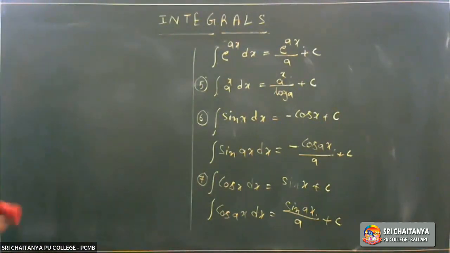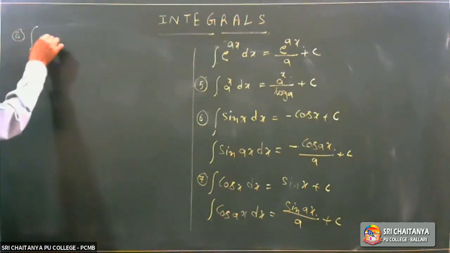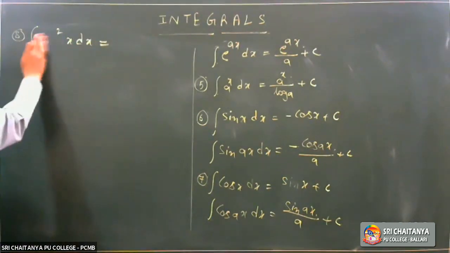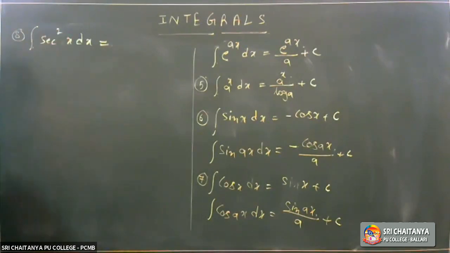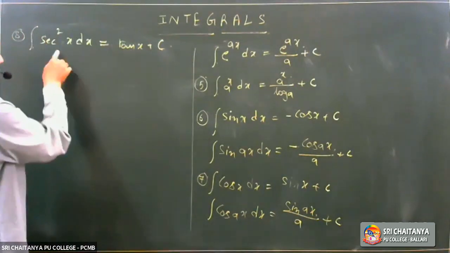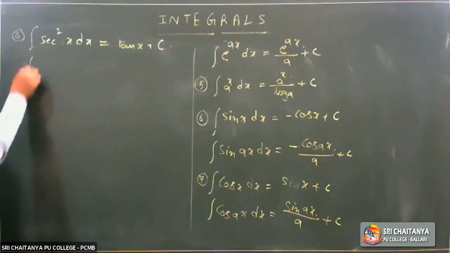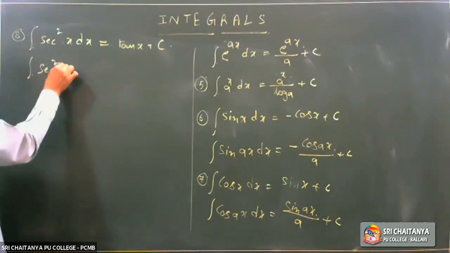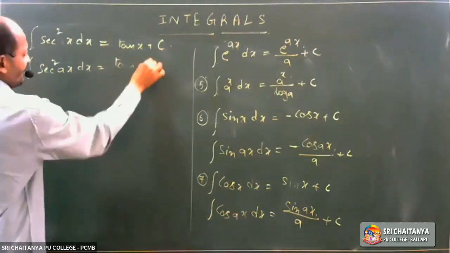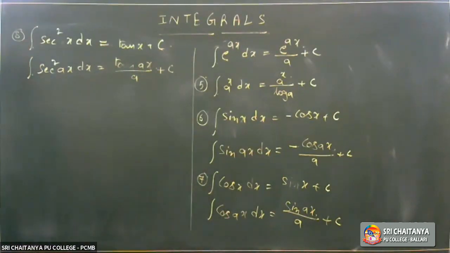Write down the next, eighth one. Integral of secant square x is tan x. You know that the derivative of tan x is secant square x. Integral of secant square ax dx is tan ax divided by a plus c.